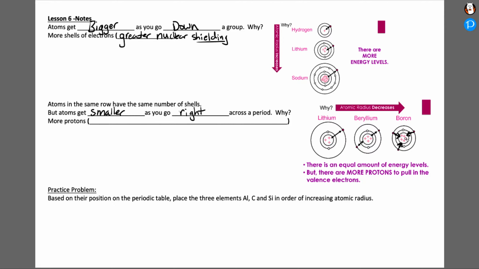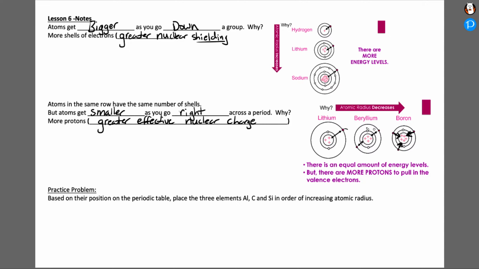Boron has 5, and so boron has a greater effective nuclear charge to pull those electrons in. So what we're going to say is more protons means there is a greater effective nuclear charge. Those protons are positively charged. They're pulling on these negative electrons.